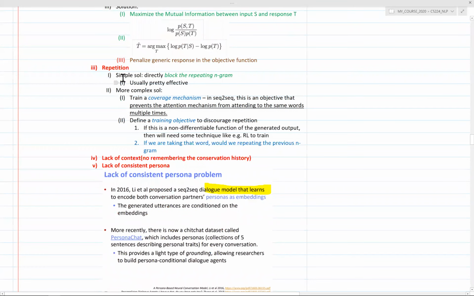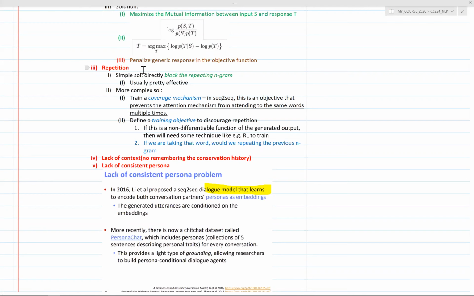We also have a repetition problem. The simplest way to solve this problem is by blocking repeating n-grams. It's pretty effective in most cases.